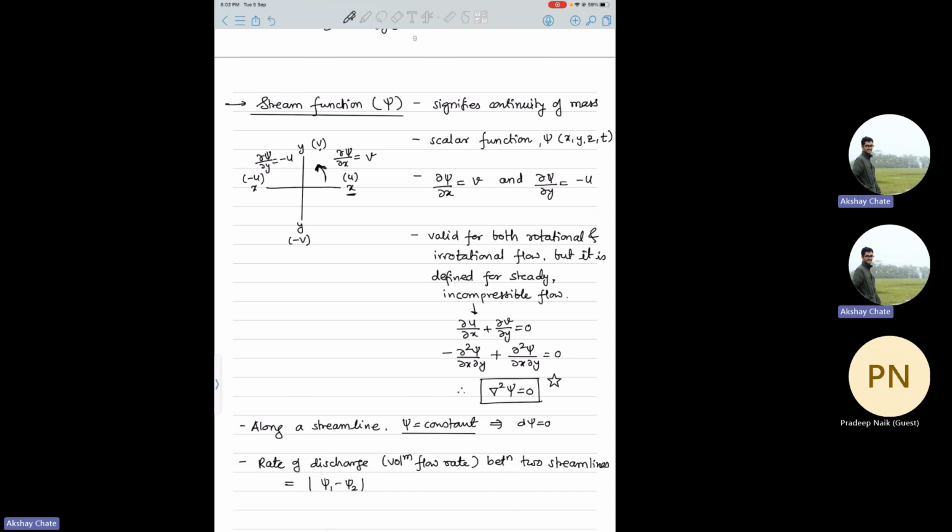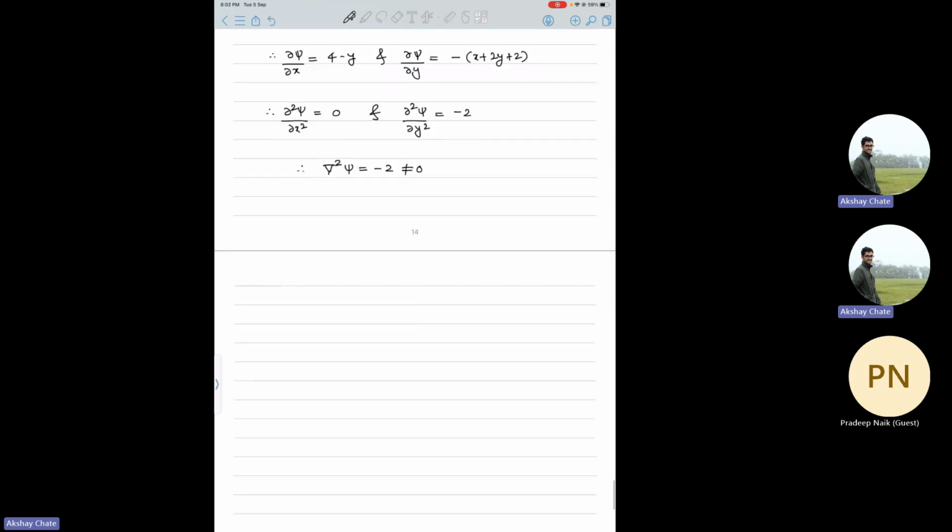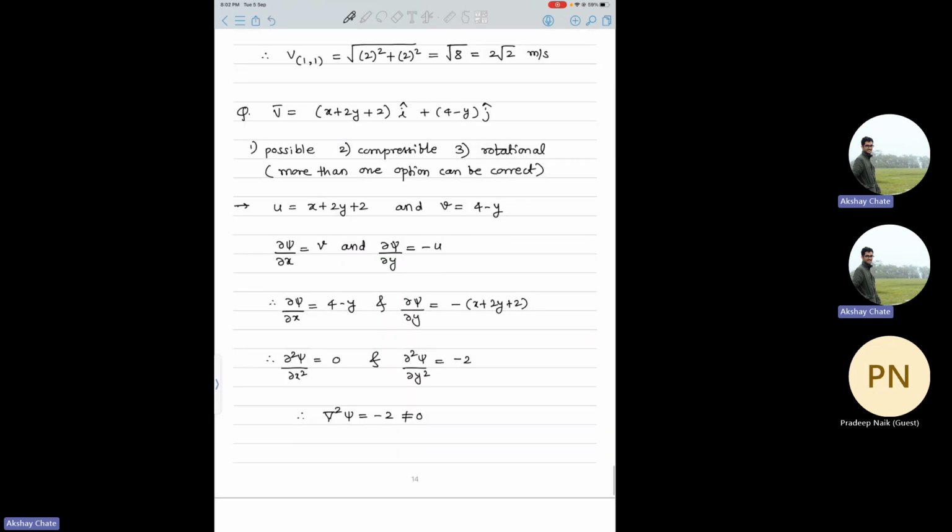Am I making any mistake? Because the answer says the flow should be irrotational or incompressible.